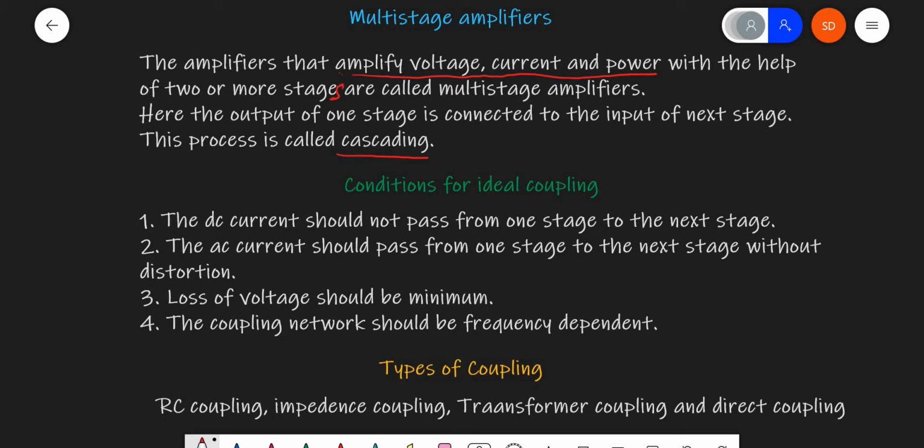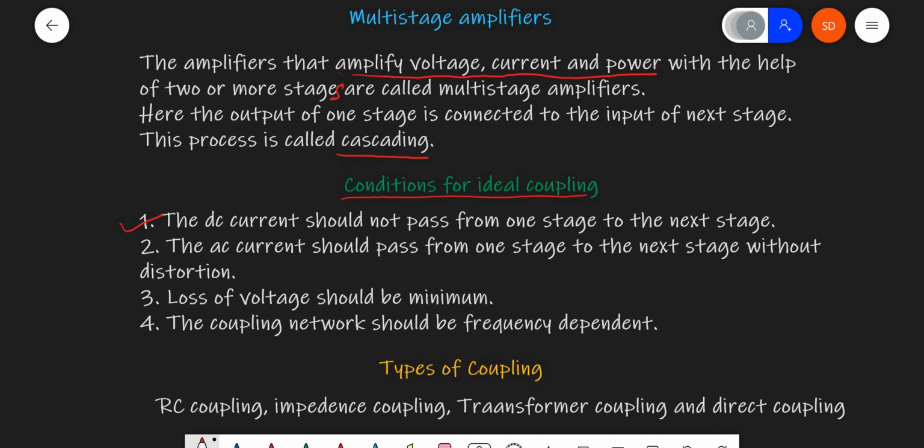So what are the conditions for ideal coupling? This process is called coupling. That means we are coupling two or more amplifiers. So the first condition is the DC current should not pass from one stage to the next stage.